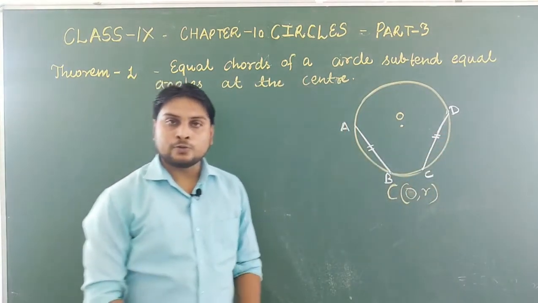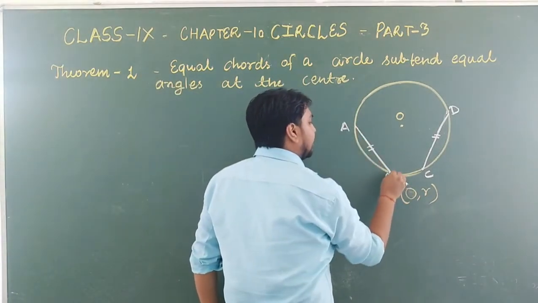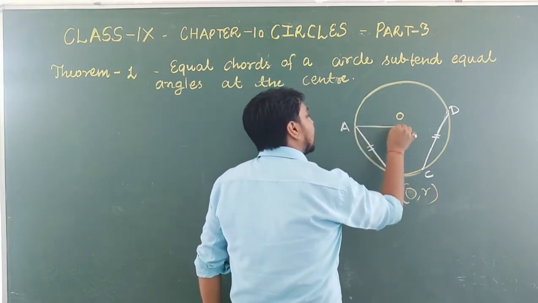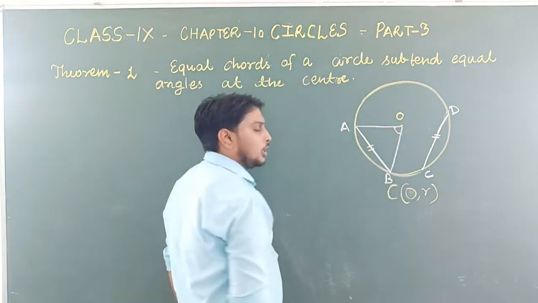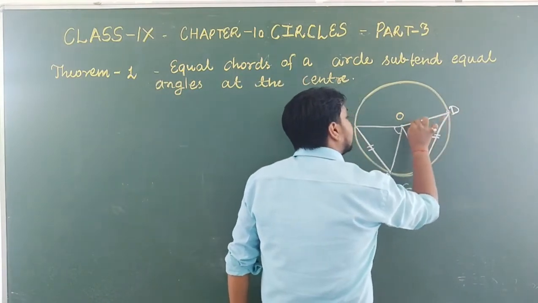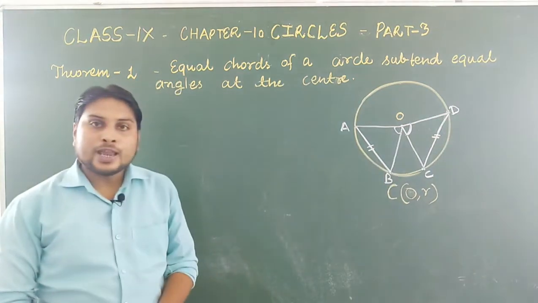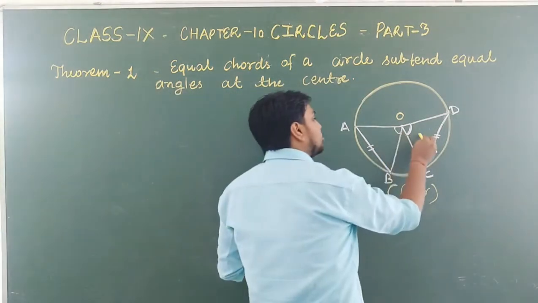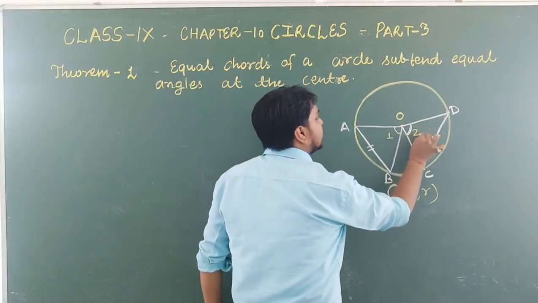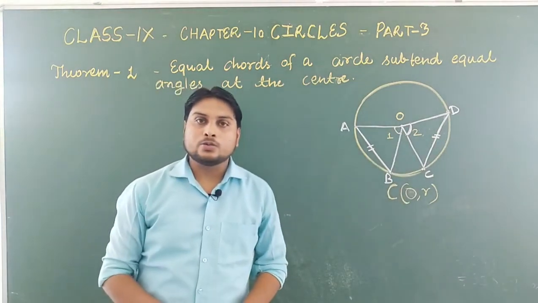So we have to prove that the angles formed by these chords are equal. This chord AB will form an angle like this, and this chord CD forms this angle. Suppose this is angle 1 and this is angle 2. So we have to prove that angle 1 is equal to angle 2.